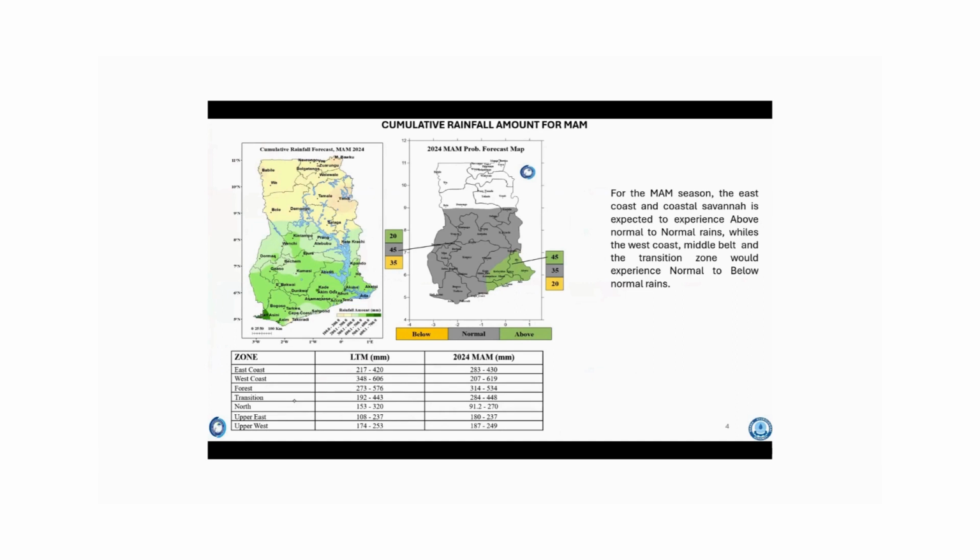I'm hesitant in mentioning varieties, but once he has this information, he can talk to the nearest agric extension officer, who should be able to recommend the type of seed, because we have several of them that have been released.